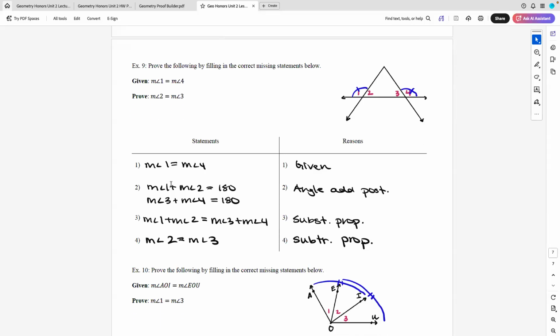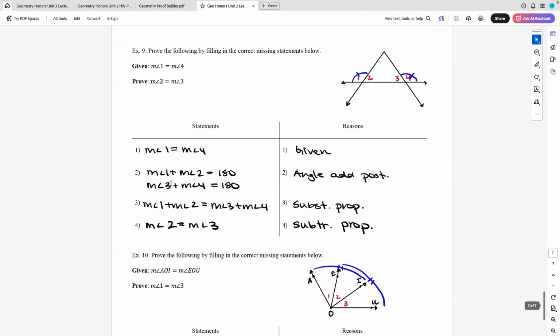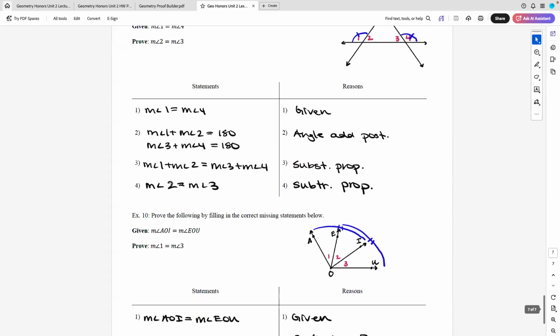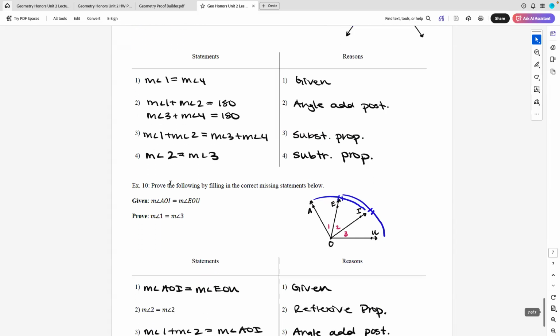All right. So AOI is the same as EOU, but what does AOI comprise of? 1 and 2. What does EOU comprise of? 2 and 3. And angle 2 is common to both, so we'll do a reflexive there, which they kind of get out of the way.